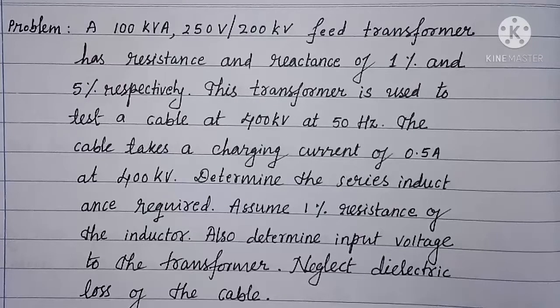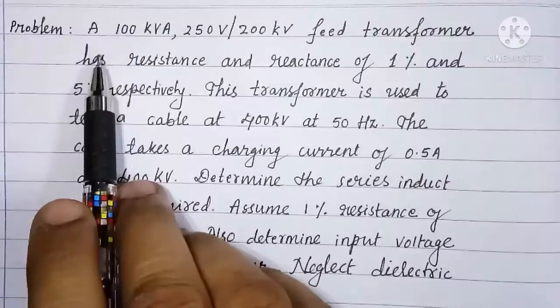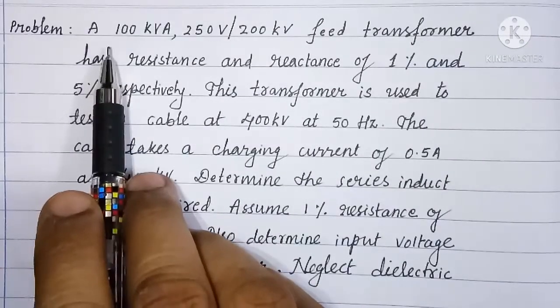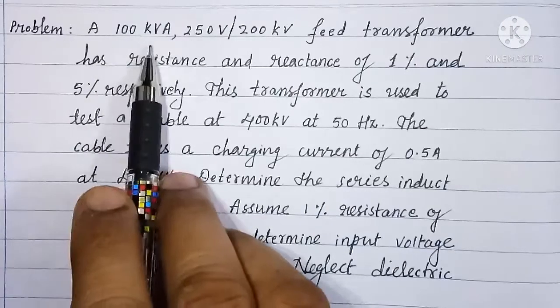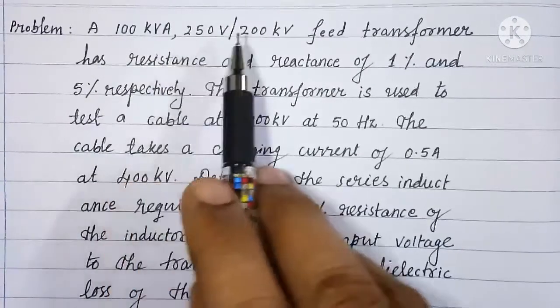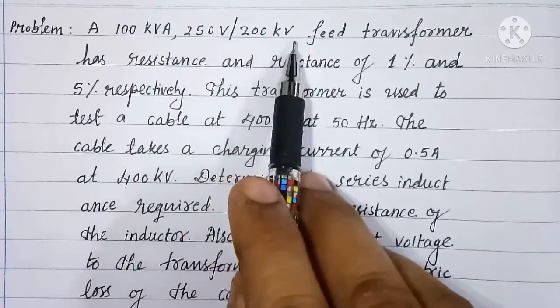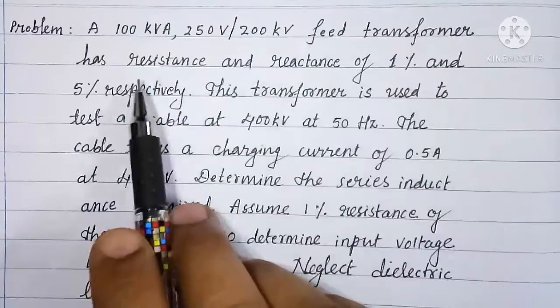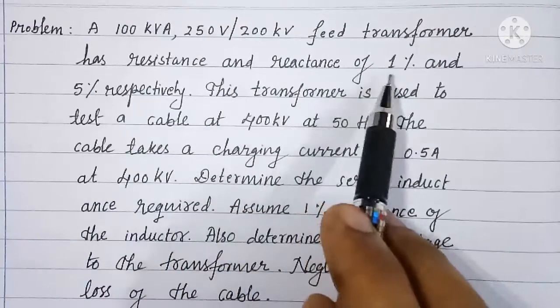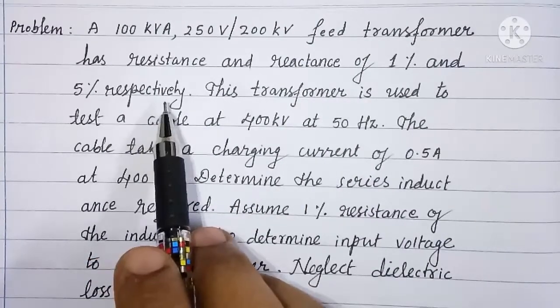Now we will solve one problem based on series resonance principle used in obtaining AC high voltages for test purpose. Problem reads like it. A 100 kVA 250 volt by 200 kV feed transformer has resistance and reactance of 1% and 5% respectively.